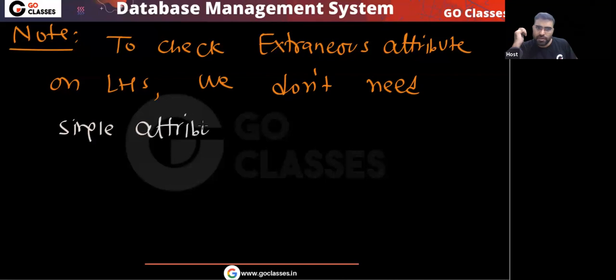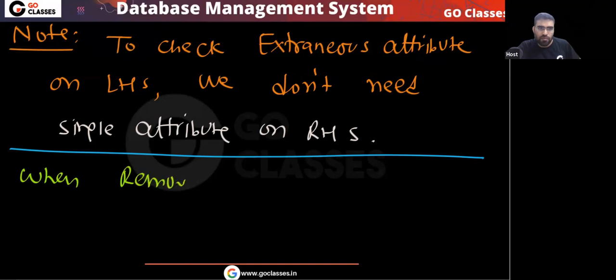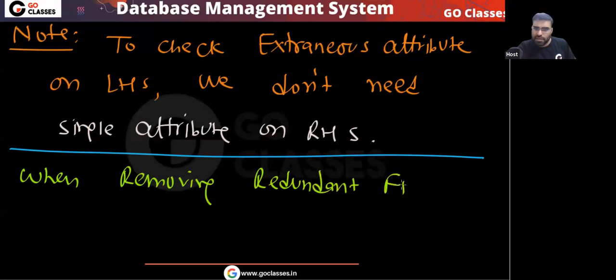When do we need single attribute on RHS? Please tell me. This single attribute on RHS is required when you remove redundant FDs.